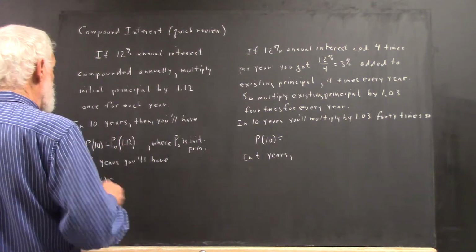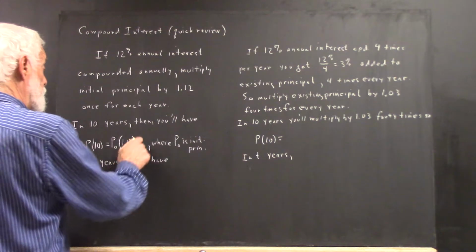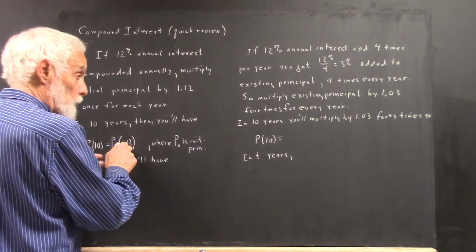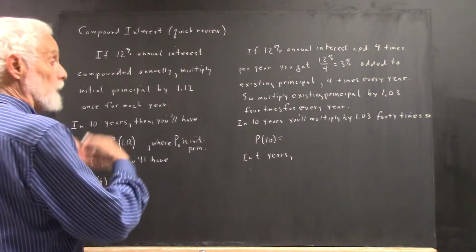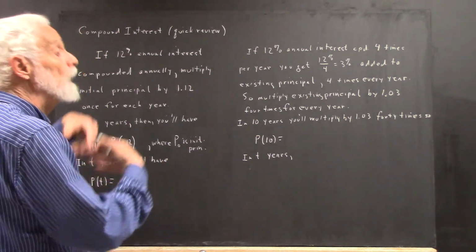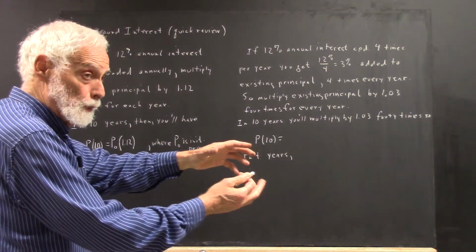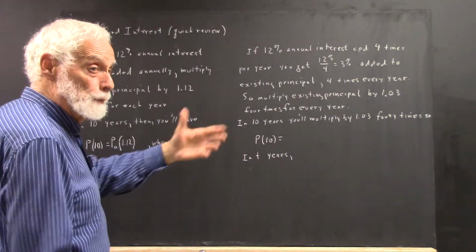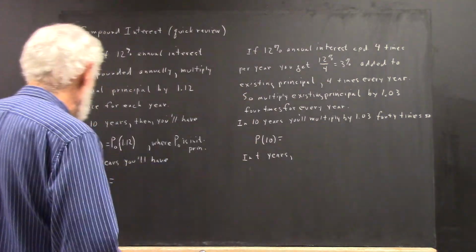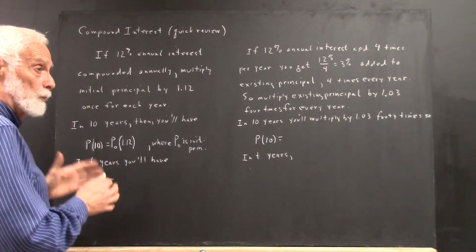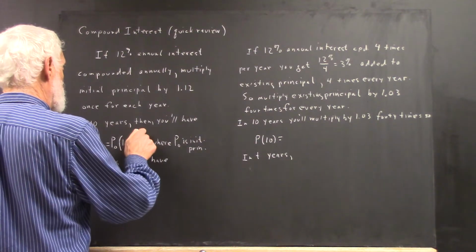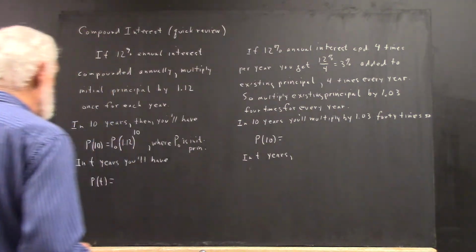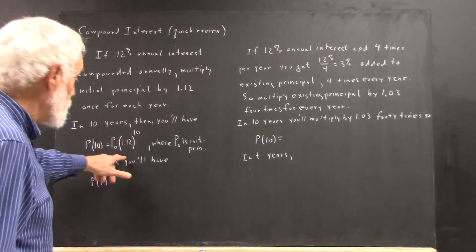Well, you're going to do that 10 times. You do that every year. If you multiply by 1.12 every year, you have P naught times 1.12. Then you multiply that by 1.12. You multiply that by 1.12. Now you have your principal after 3 years, and you keep that up for 10 years. You'll have multiplied by 1.12 10 times. That's the same as multiplying by 1.12 to the 10th. Okay, so that's what you have after 10 years.